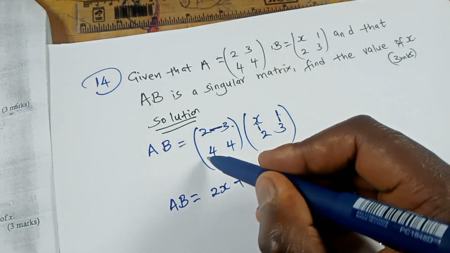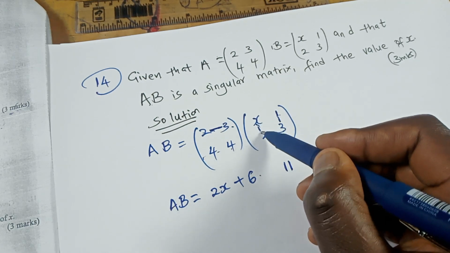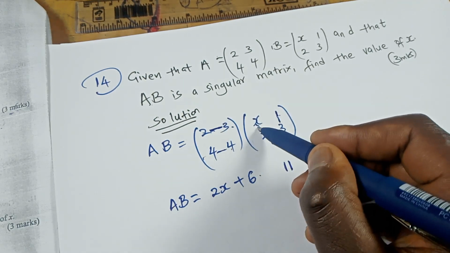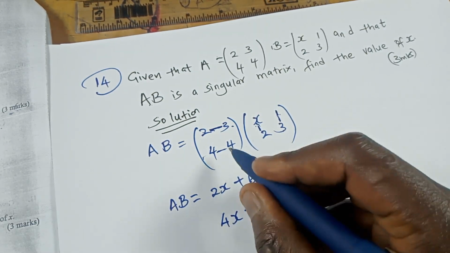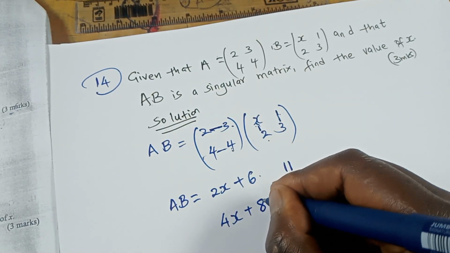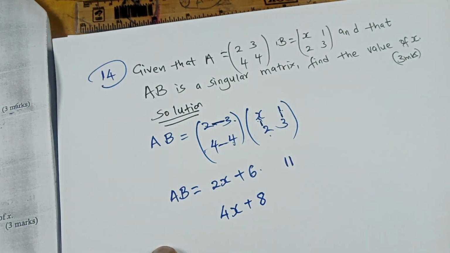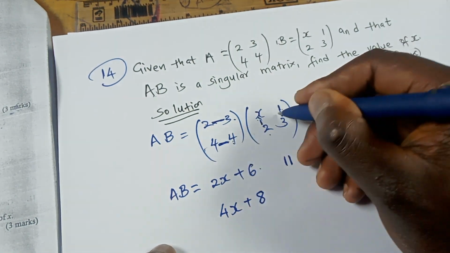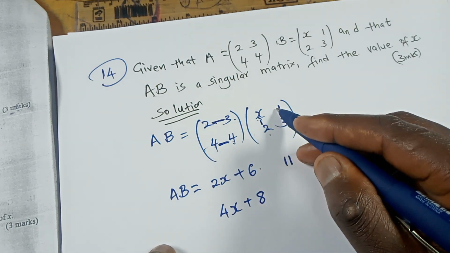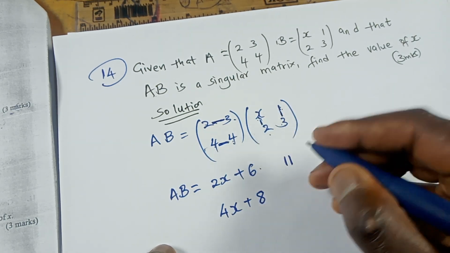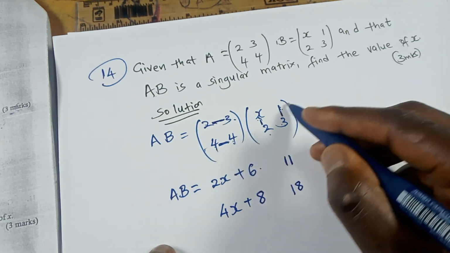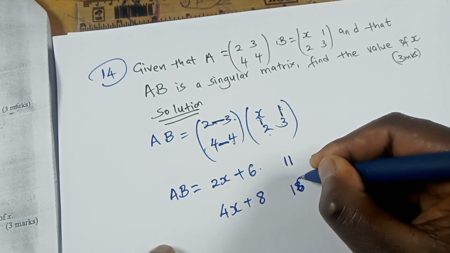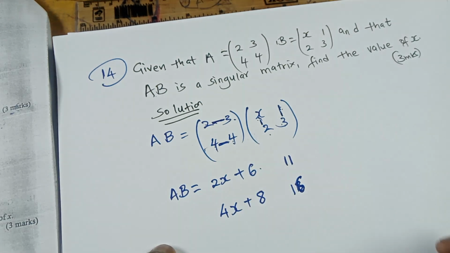Then the second row and the first column: 4 times x will give us 4x, plus 4 times 2 will give us an 8. And then the second row and the second column: 4 times 1 is 4, plus 12, it will give us a 16.